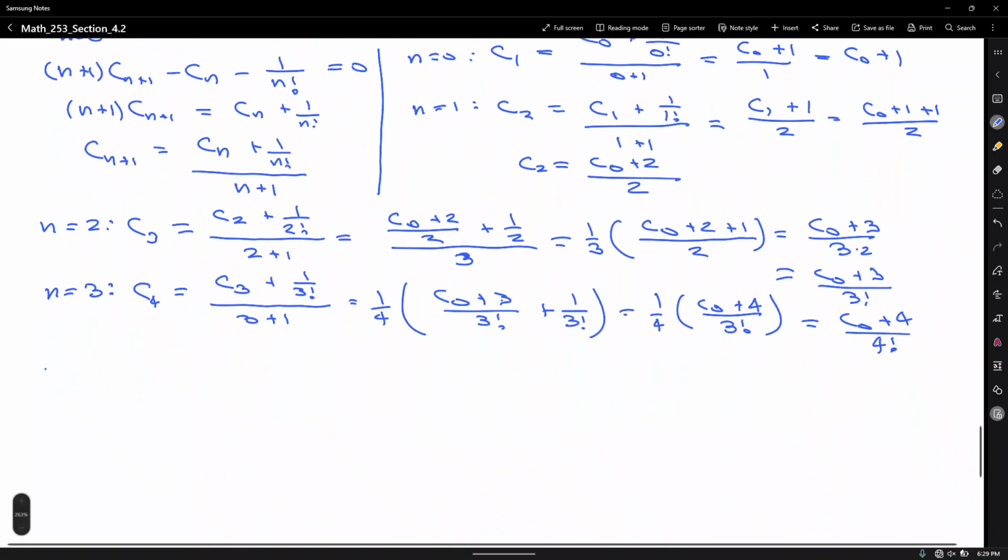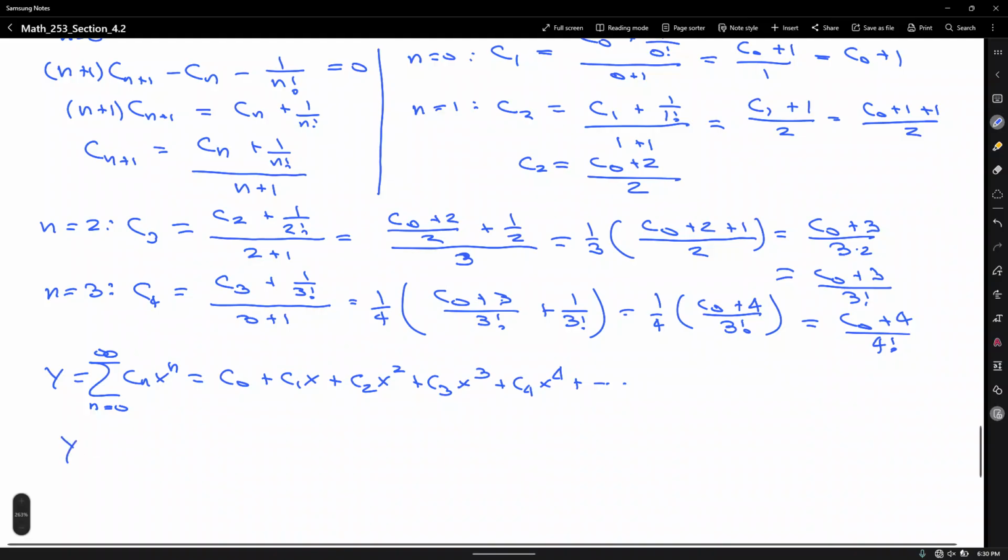Anyway, y equals sigma n equals 0 to infinity c sub n x to the n, which equals c sub 0 plus c sub 1 x plus c sub 2 x squared plus c sub 3 x cubed plus c sub 4 x to the fourth plus dot dot dot. Just substitute what we have. C sub 0 is c sub 0.